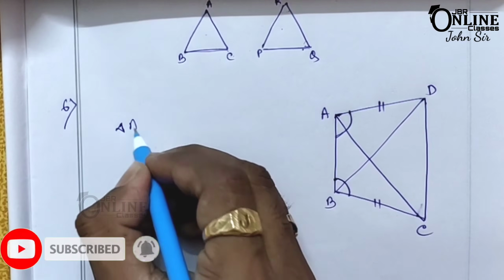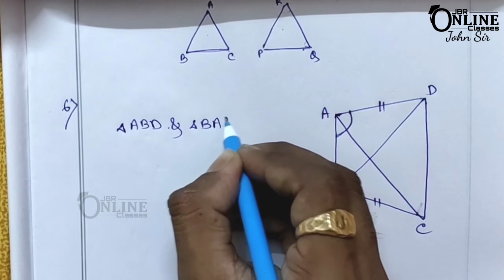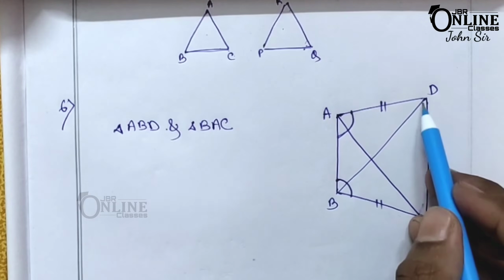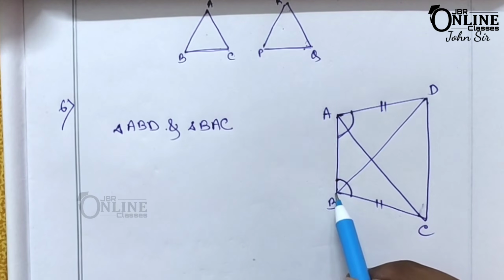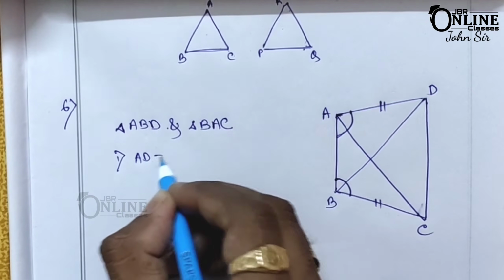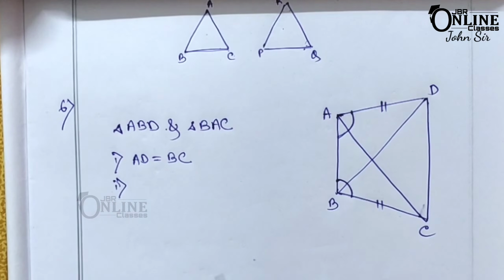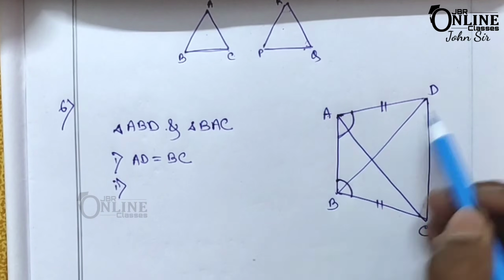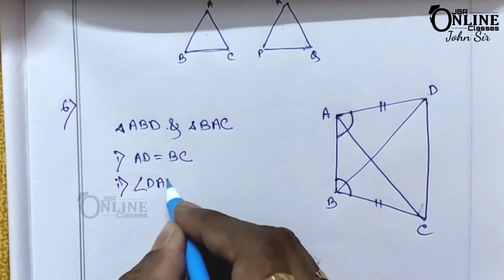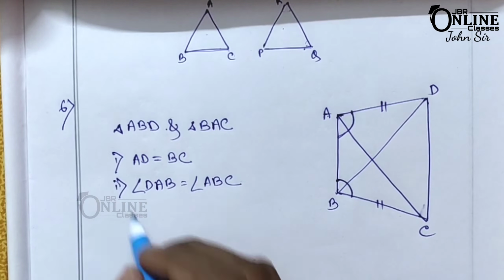So from triangle ABD and triangle BAC, from these two triangles, first one is AD equal to BC, it's given. Next, angle DAB equal to angle ABC, it's also given.